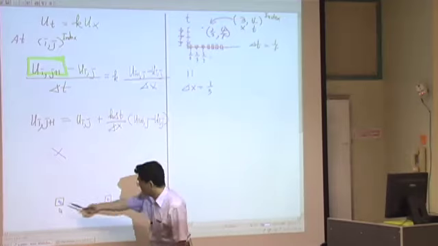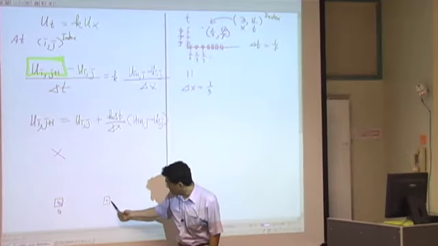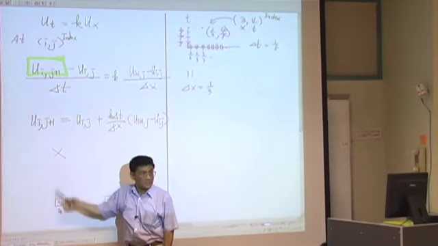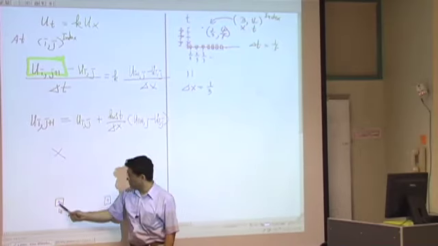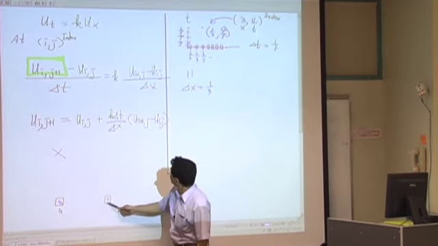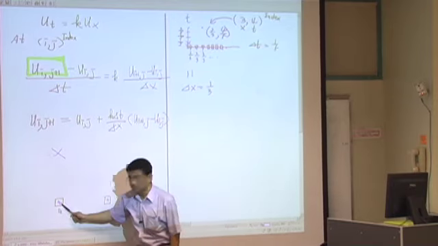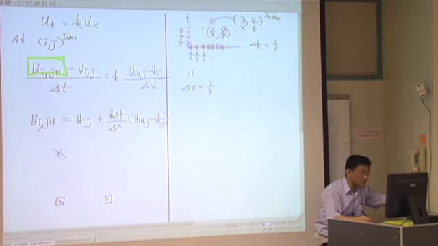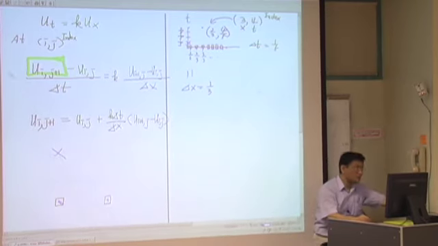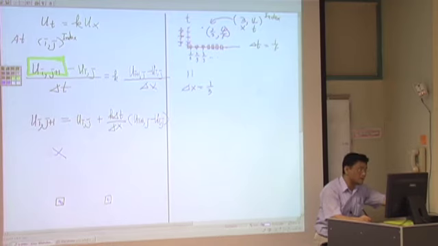This position is uij, this is i plus 1 j, this is uij plus 1. There are three positions used here. So uij is used, u i plus 1 j is used, and uij is used. And then these things will be used to determine this unknown. So we usually create this kind of stencil.